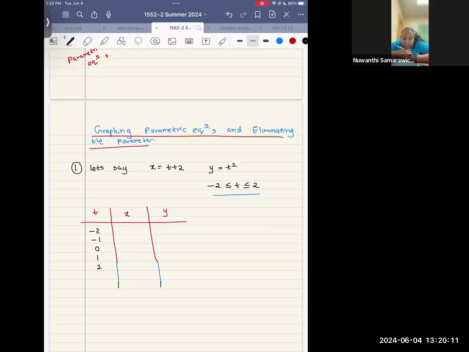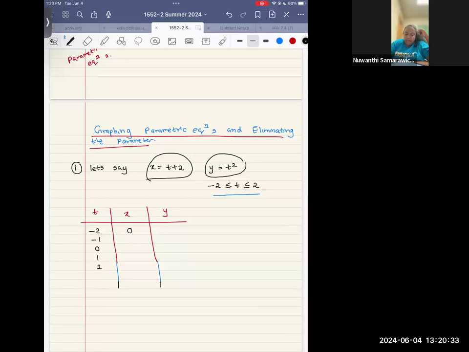Can you tell me when t is equal to -2, what is the value of x? We use this equation to find x, and to find y, we use this equation. When t is equal to -2, x is 0, yes.